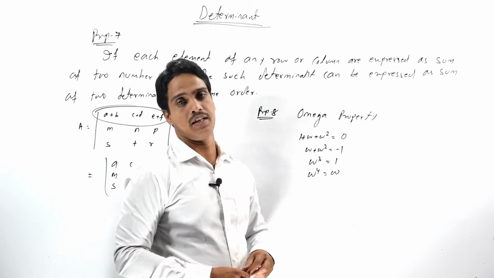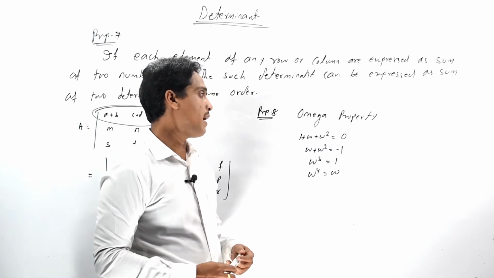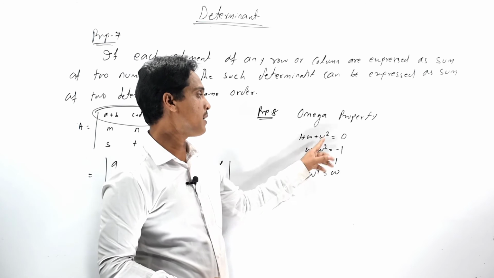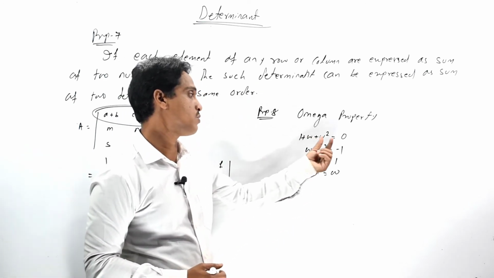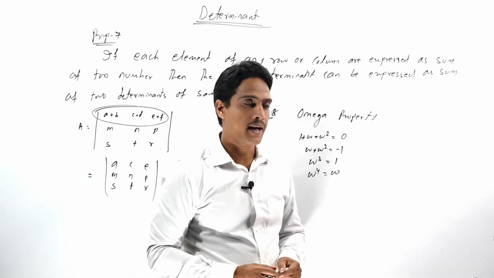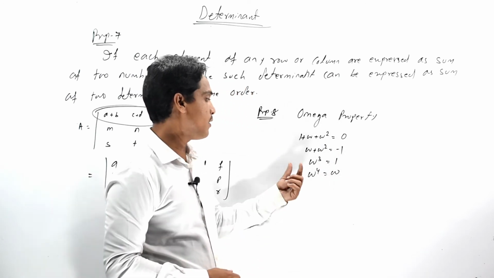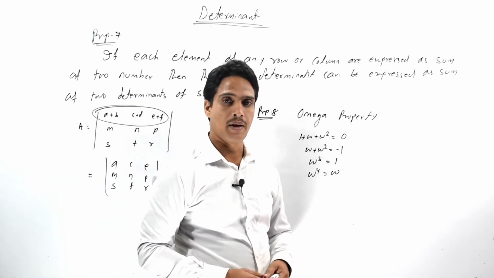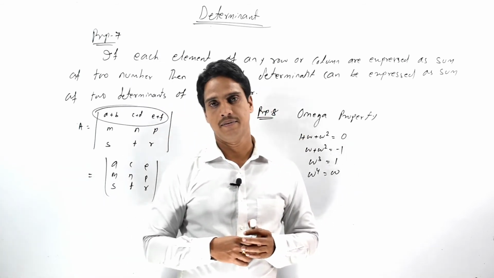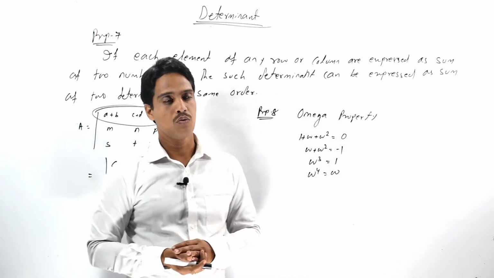In that situation, we should use these values of the omegas, that is 1 plus omega plus omega square equals 0, omega plus omega square equals minus 1, omega cube equals 1, and omega 4 is omega. We should use such values to simplify our determinant problems relating to omega.